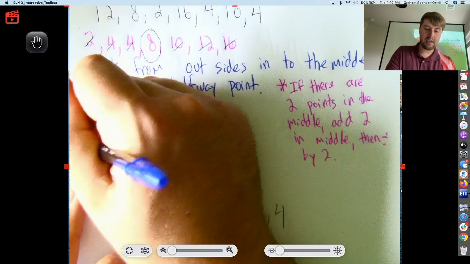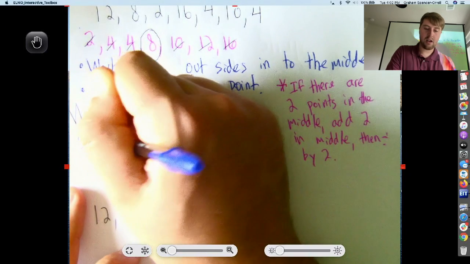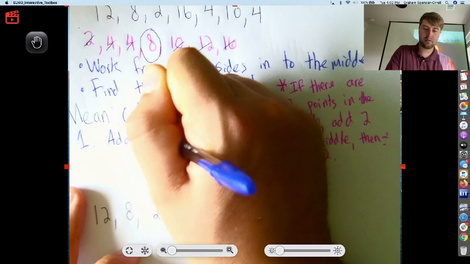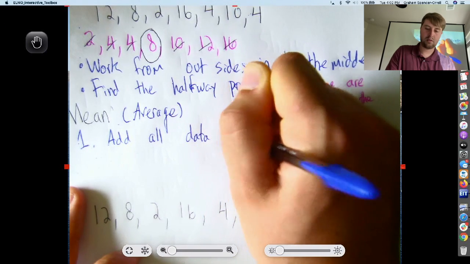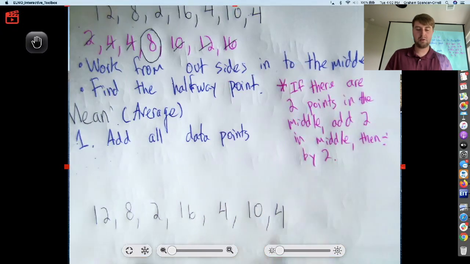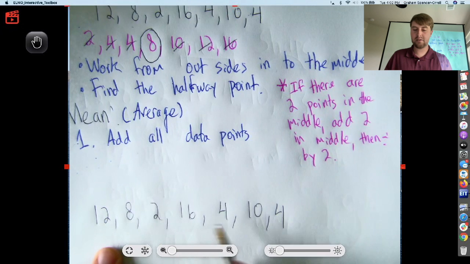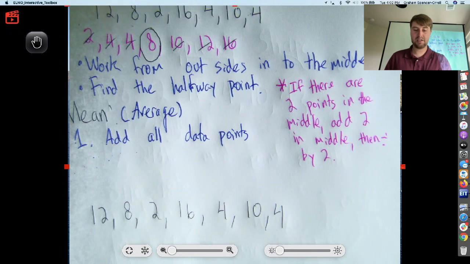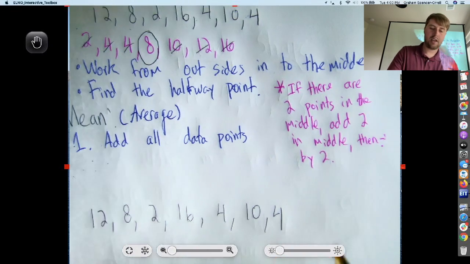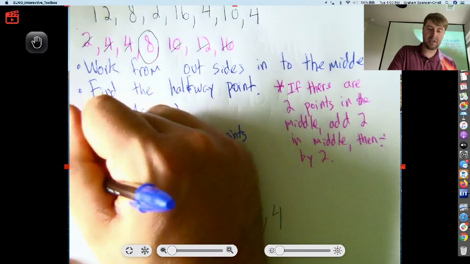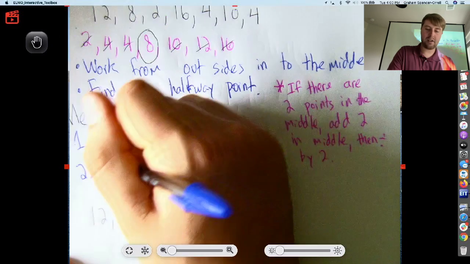The first one is add all your data points. So we would do 12 plus 8 plus 2 plus 16 plus 4 plus 10 plus 4, which I believe is 56, because that's 20, 40, 56. And then our second step is going to be divide by the number of data points.